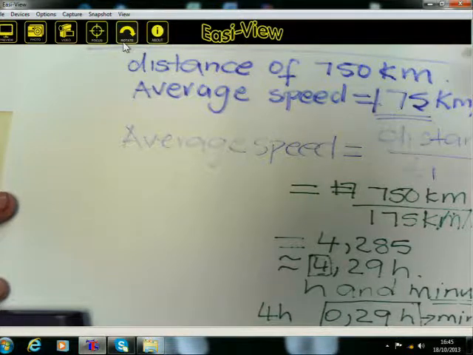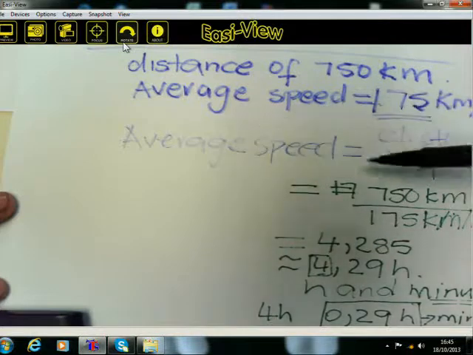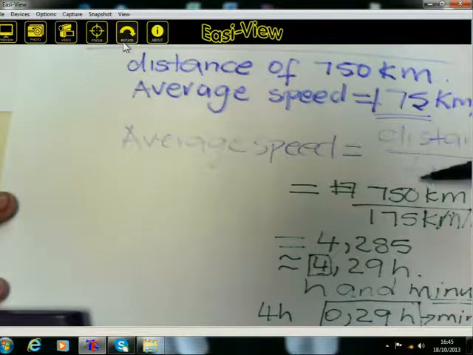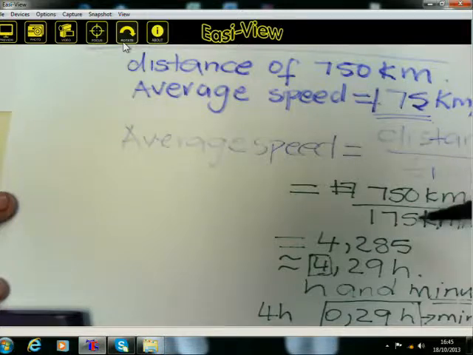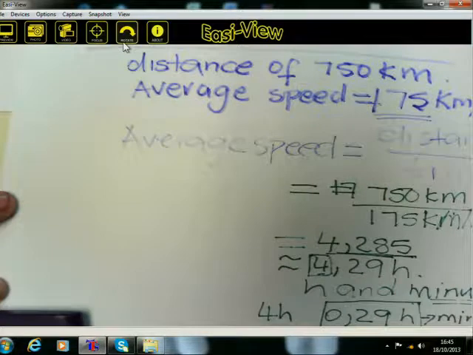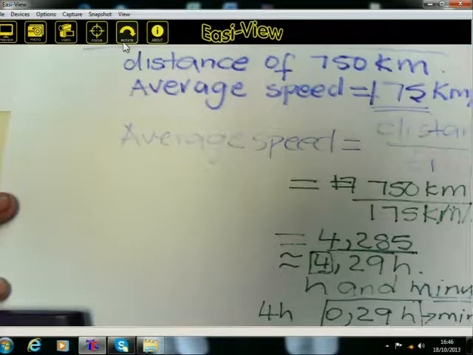And we are going to use the same formula, 750 divided by 175, which is 4.29, which is 4 hours and 17 minutes.